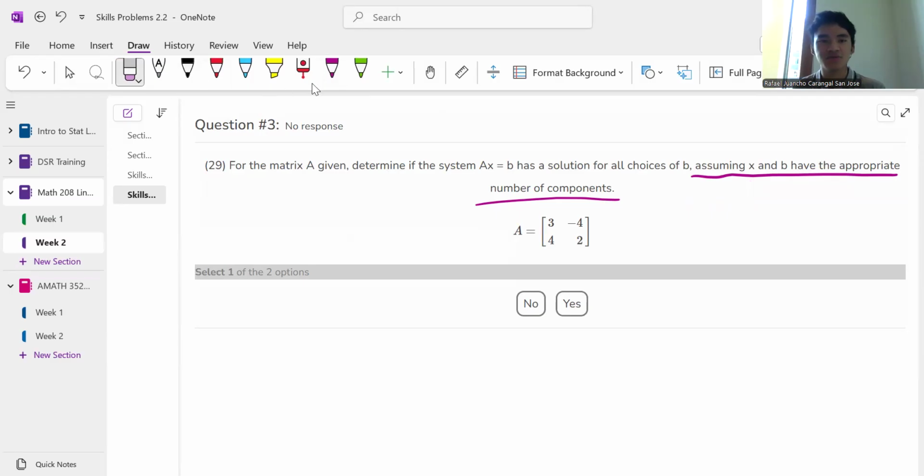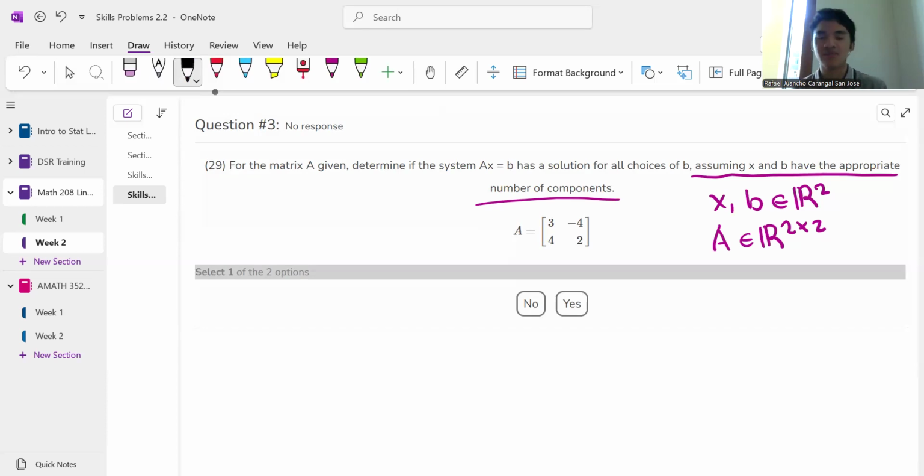I think that's what it means. So to write it out mathematically, X and B probably have two components, similar to A, because A is a 2 by 2, right?